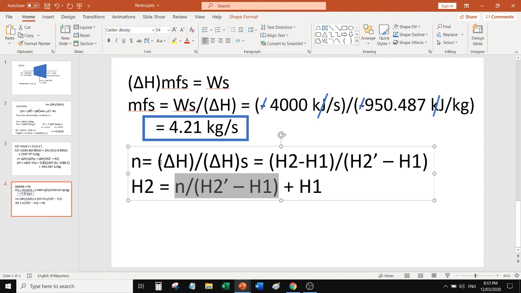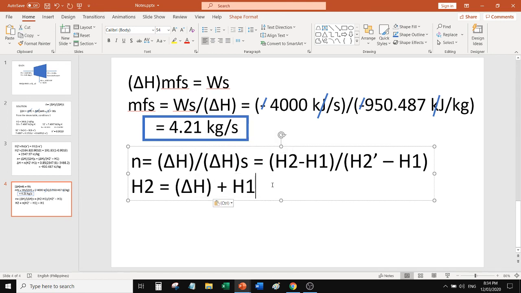Kasi itong quantity na to ay delta H. This quantity here, this is delta H. At ito, hindi to divide, multiply yan. Diba delta H to? So, palitan natin to ng delta H.